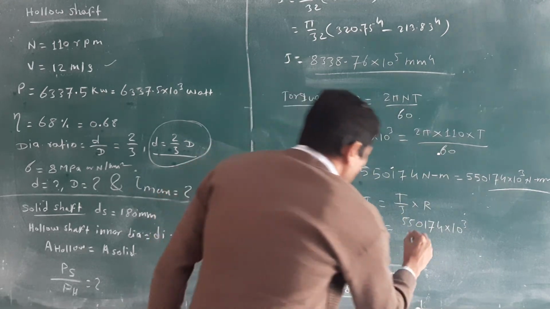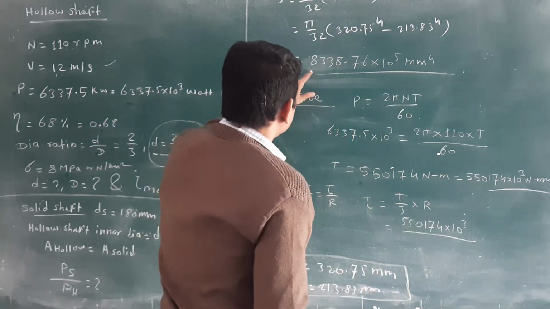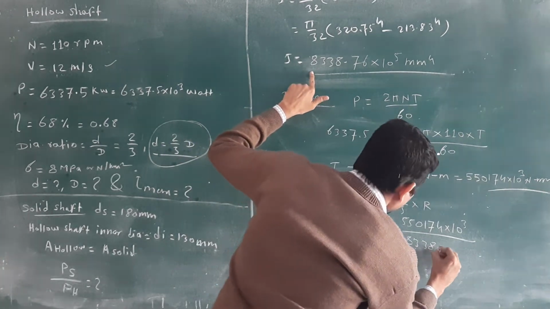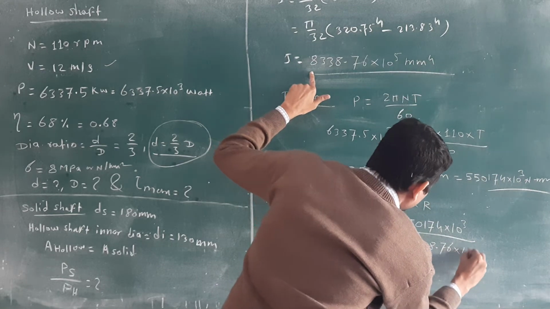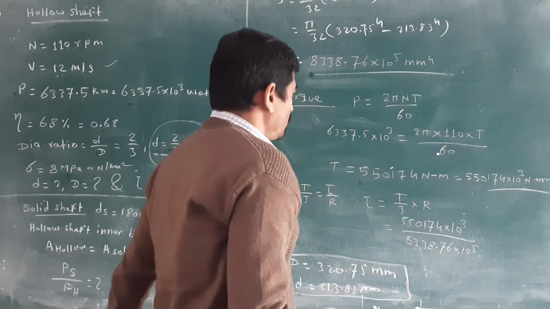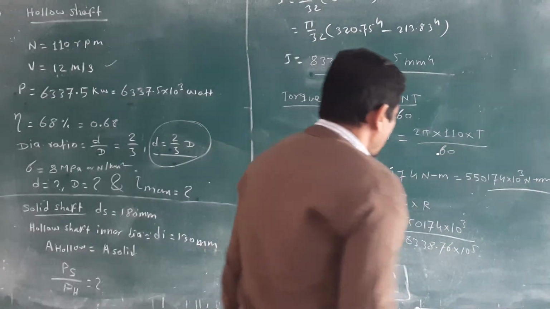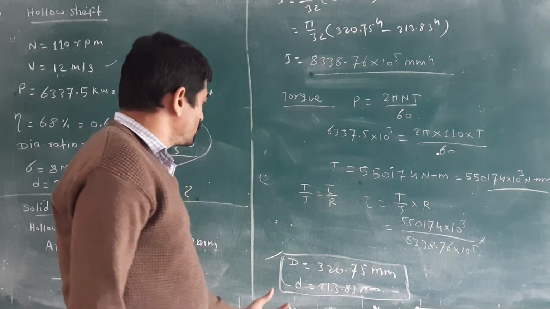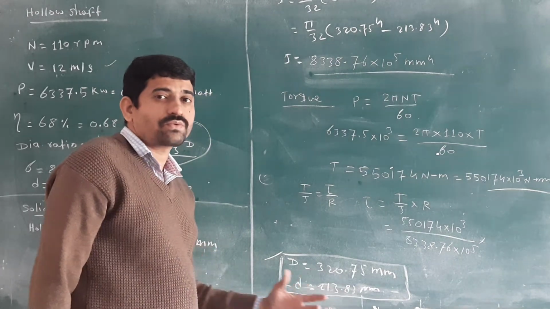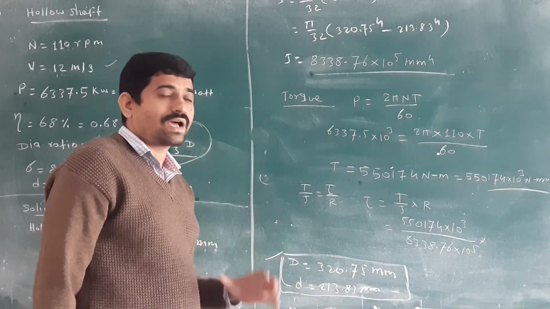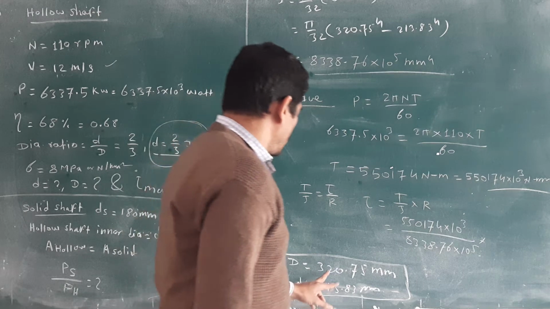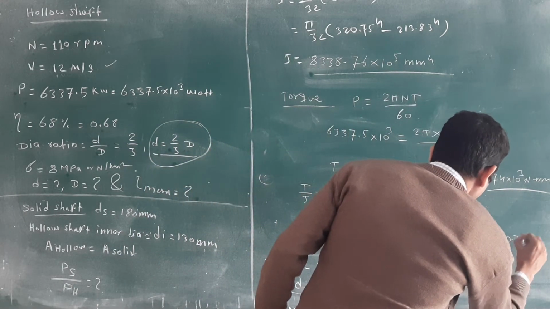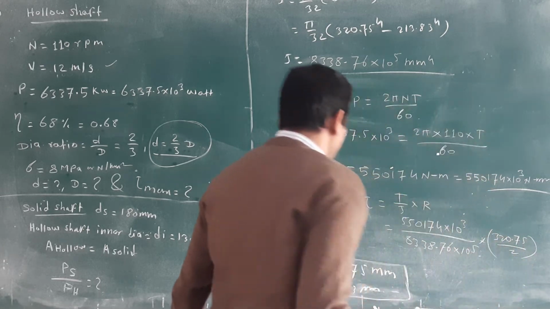The polar moment of inertia is 8338.76 into 10 raised to 5. What is the value of R? Choose the maximum value. You have to take the outside diameter of the hollow shaft, 320.75 divided by 2, D by 2.